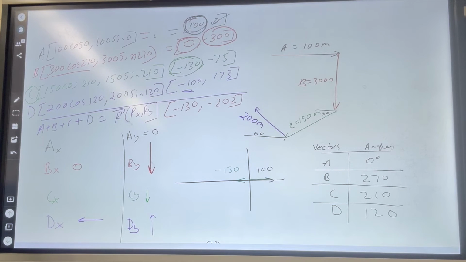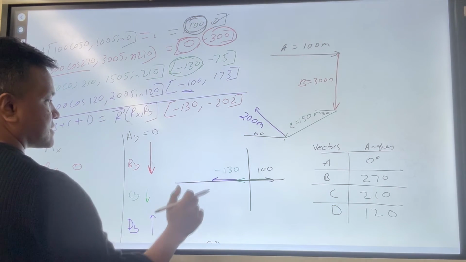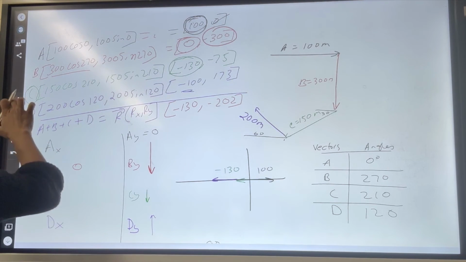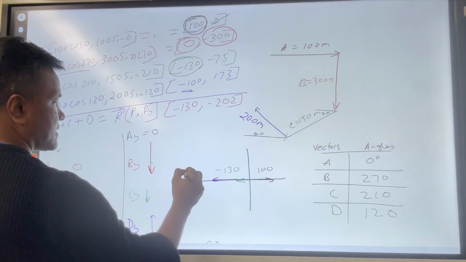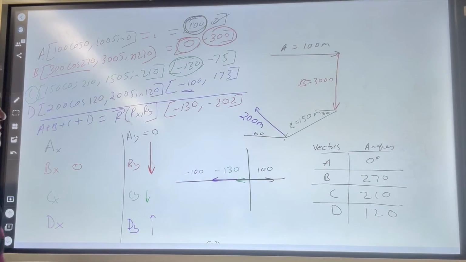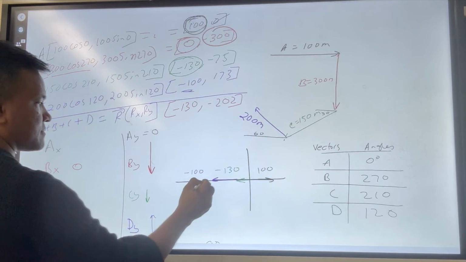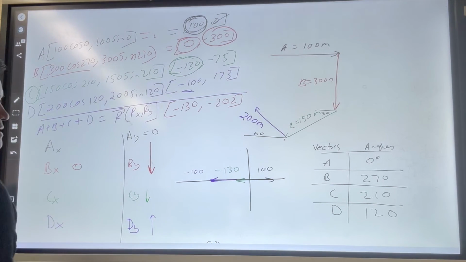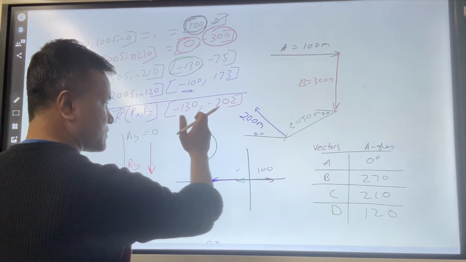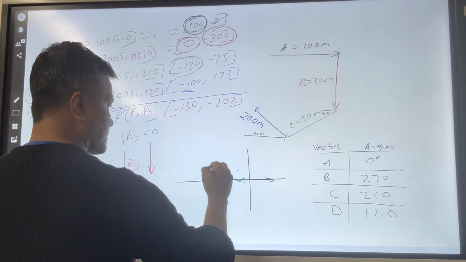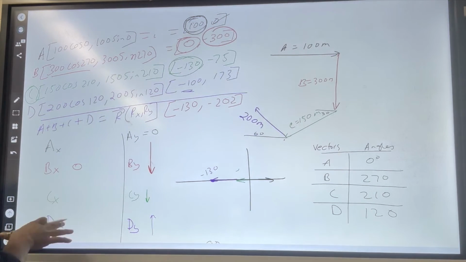And then we have negative 100. So this cancels, and over here we have negative 130. Good. All right, we're done with this.